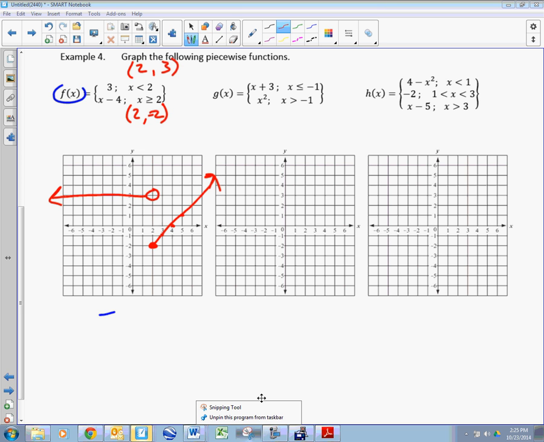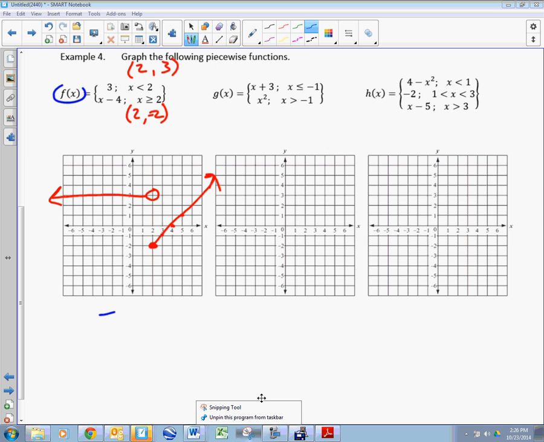Why can't I cross through -4? Then it wouldn't be a function. It wouldn't pass the vertical line test there. I have to just draw values for x greater than 2. That's what I want. Now, if I would continue this on, does it look like it would cross through -4? Yeah.